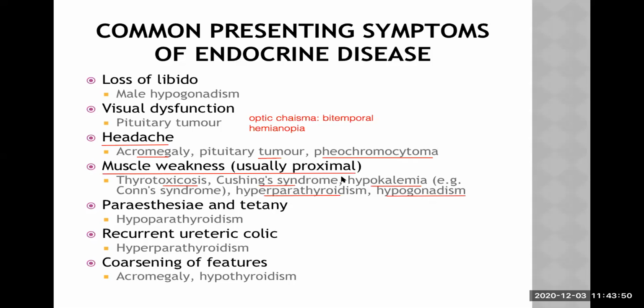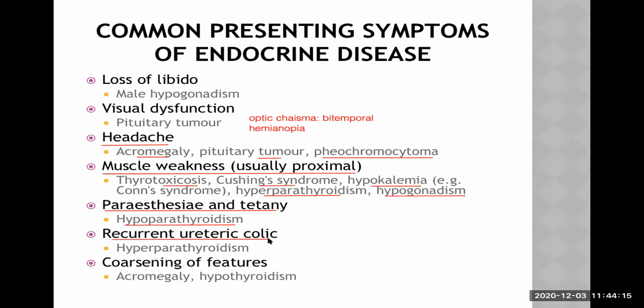So all of these can lead to muscle weakness in the patient. Paresthesia and tetany are features of hypoparathyroidism. Tetany is a feature of hypocalcemia, and hypoparathyroidism definitely leads to hypocalcemia. Paresthesia means tingling and numbness sensation, which is very common in hypocalcemic conditions.